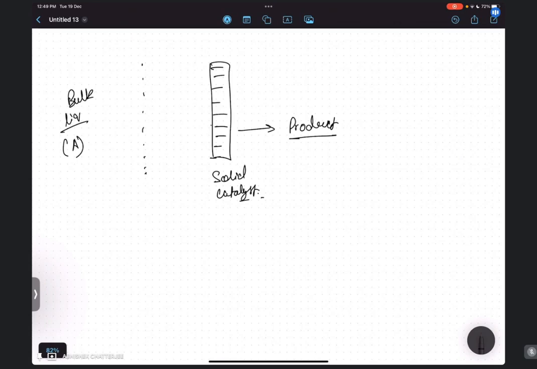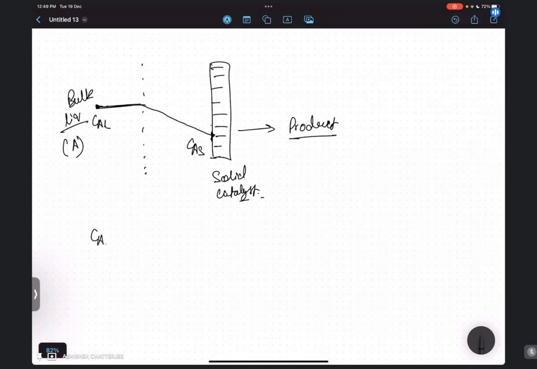Suppose in the bulk liquid, the concentration of your A is CaL. It will come till here. This is the interface. From the interface, it will go down and reach the surface. This is the surface concentration, which we denote by CaS.